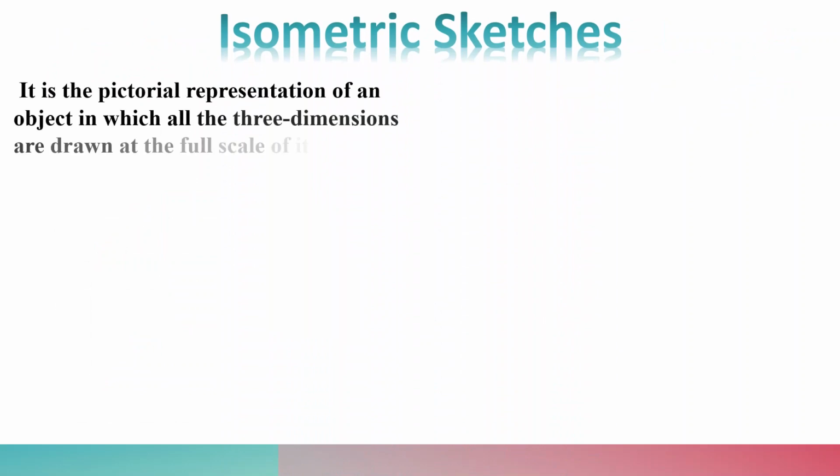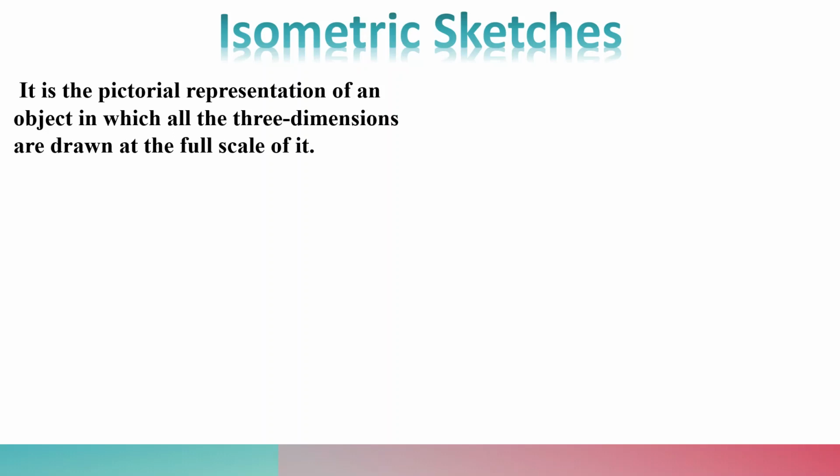What is an isometric sketch? It is a pictorial representation of an object in which all three dimensions are drawn at full scale, which means we will consider all their measurements exactly the way they are.